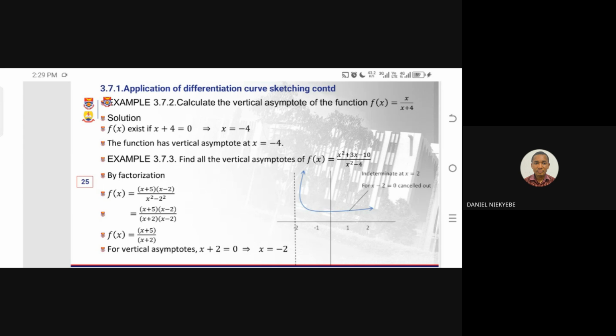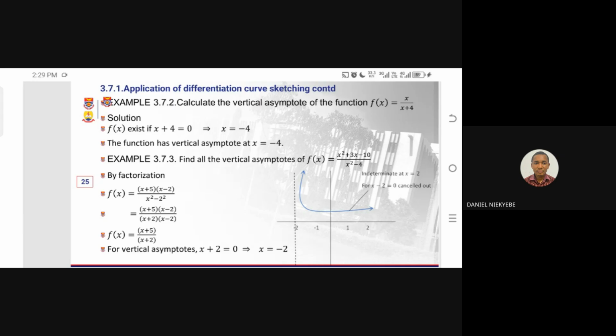So our q in this case is x plus 4. When we equate x plus 4 to 0, we realize that x is equal to negative 4. And so our vertical asymptote is x is equal to negative 4. At that point, the function is undefined, because if you put negative 4 in the original function, you are going to get x over 0, which is undefined.